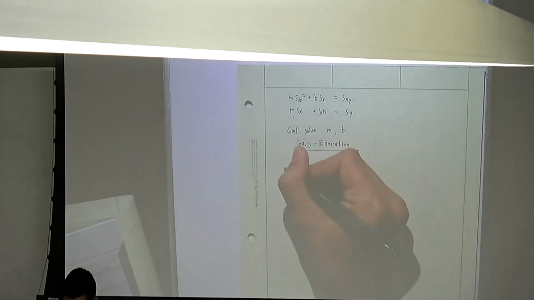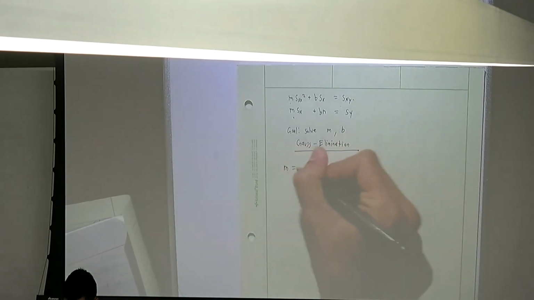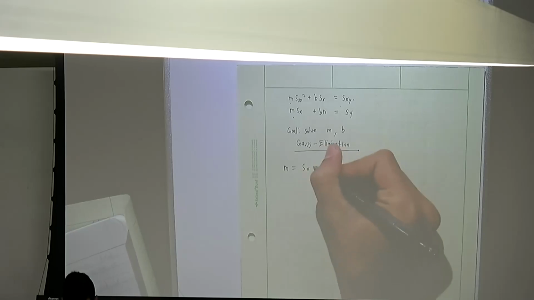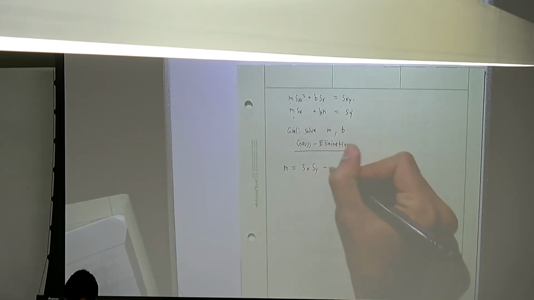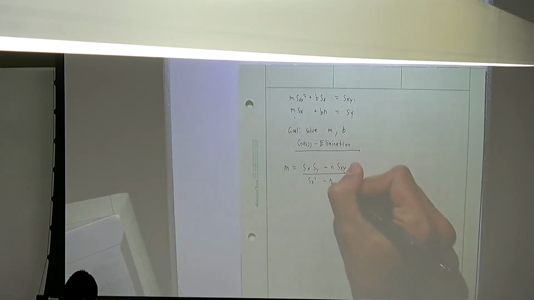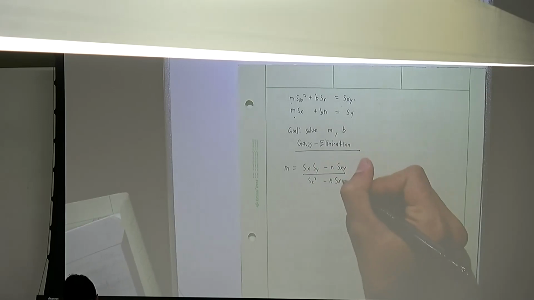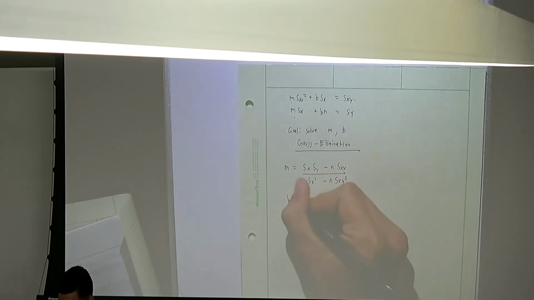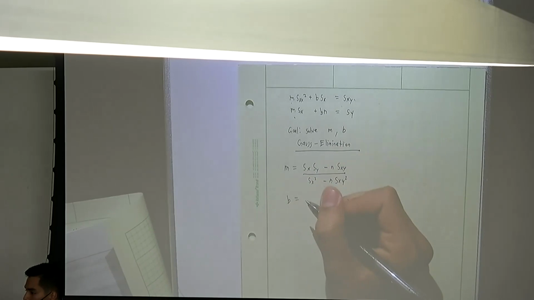So you're going to get Sxxy minus n times Sxy, and then Sx squared. And then B, need to check what B is real quick.